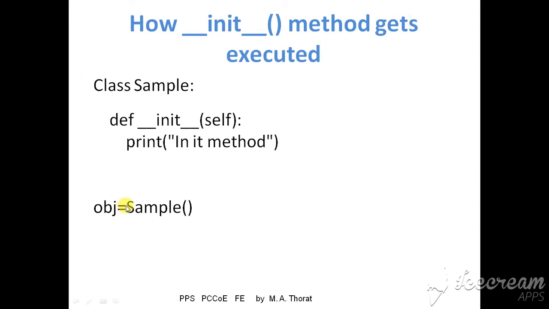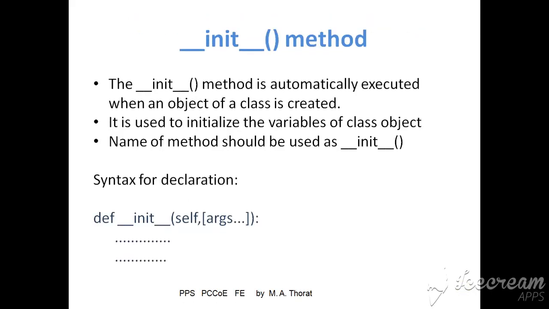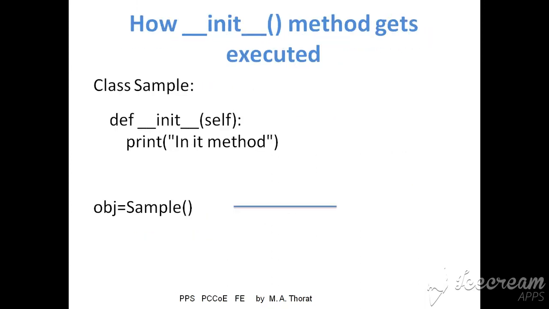As soon as the statement that creates the object of the class is executed, it implicitly initiates a call to this method, and then it executes the init method, and then again it comes back to the next statement after the object creation.